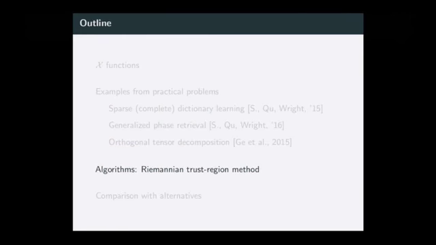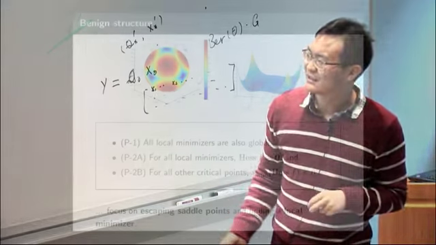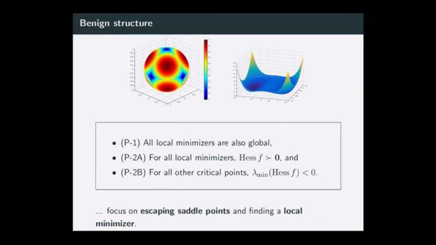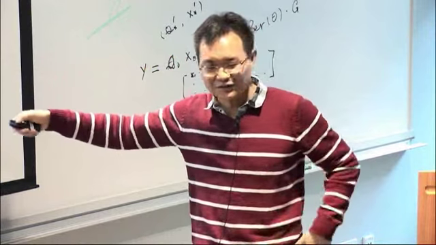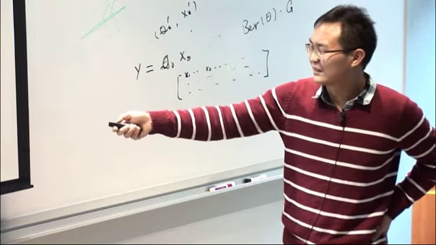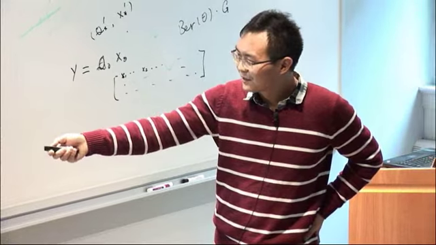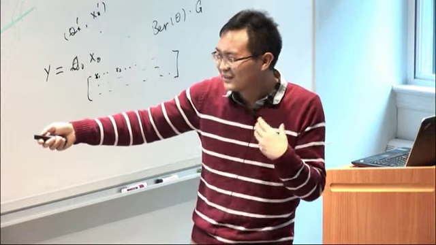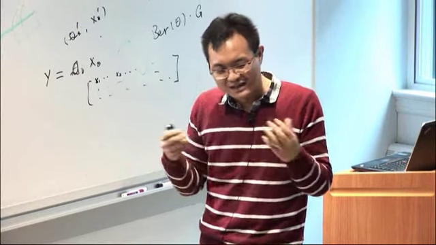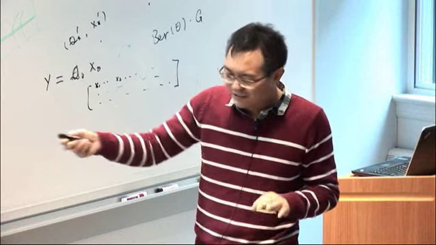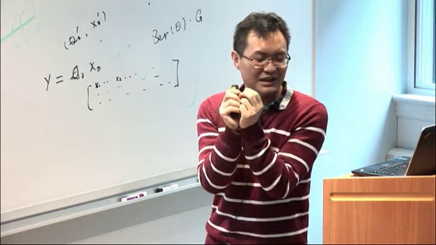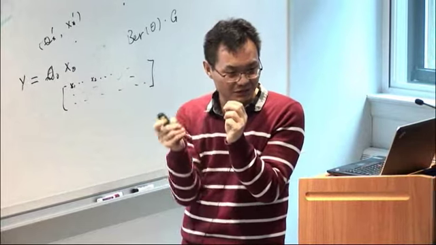I want to talk just briefly about the algorithm. Again, remember the nice geometry we studied throughout the talk. All local minima are global, and also all critical points are nice in some sense. Especially around the saddle point, I need the function to have negative curvature.